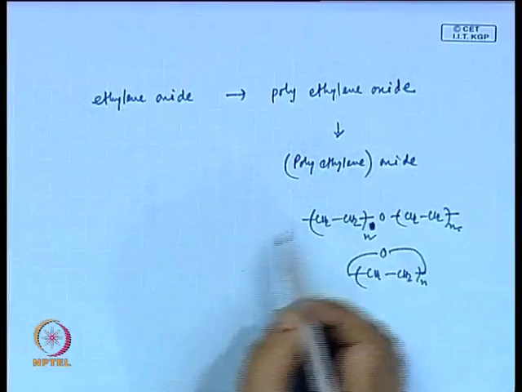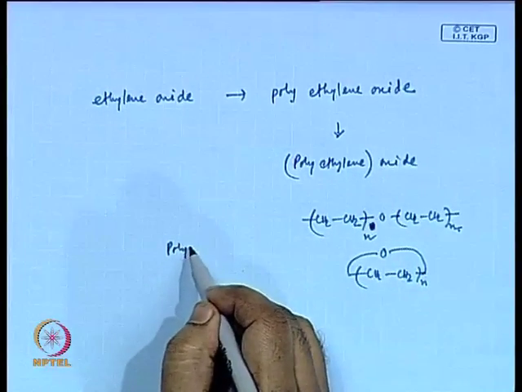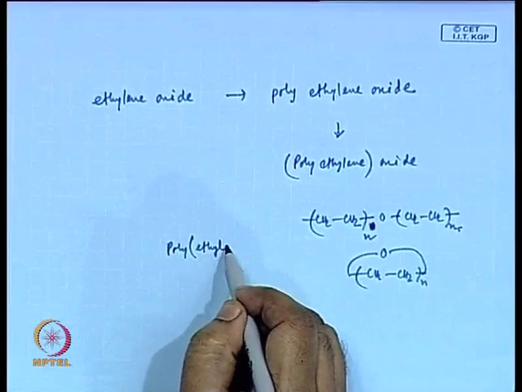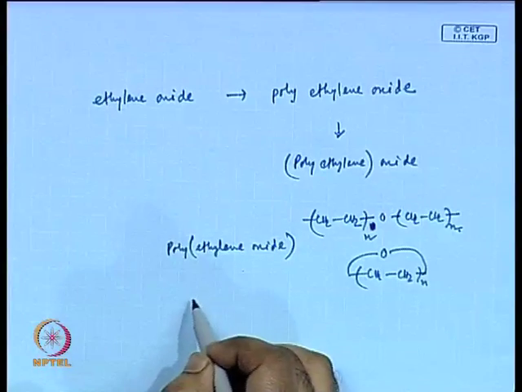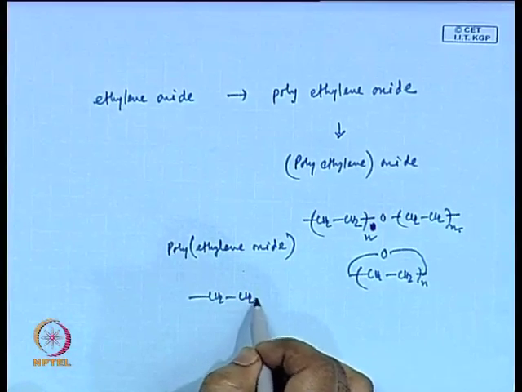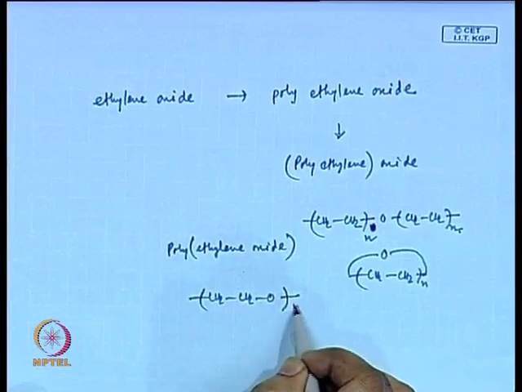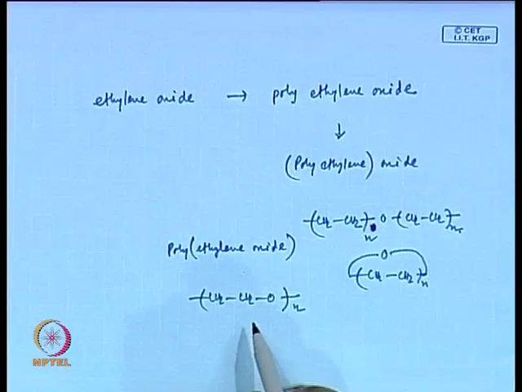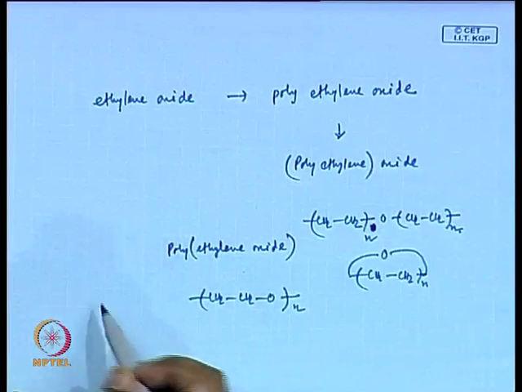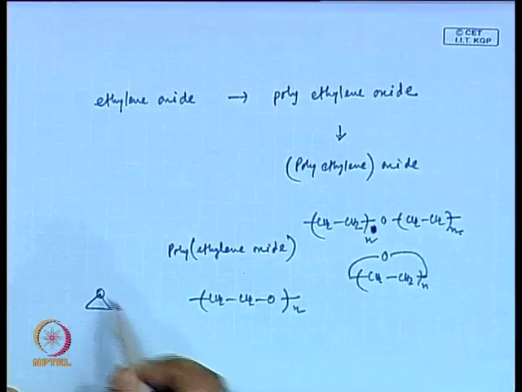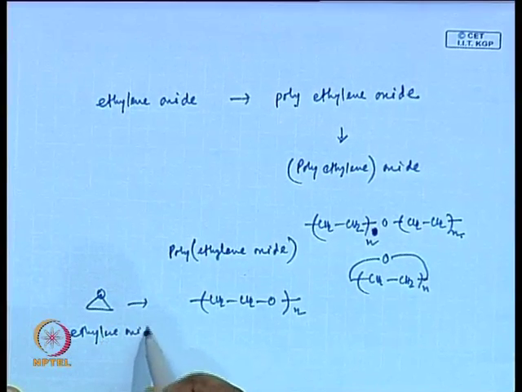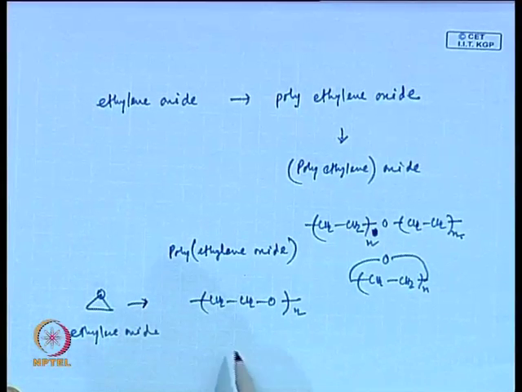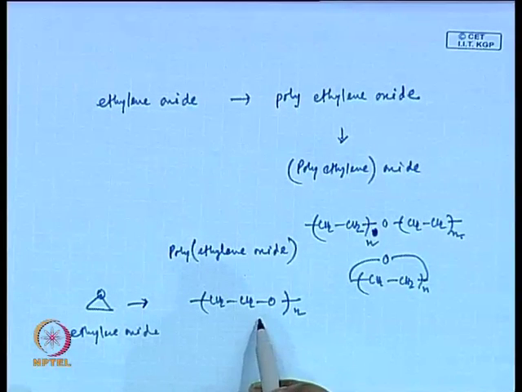But if I write the same molecule polyethylene oxide, then it will mean this, which is actually what it is. This is ethylene oxide and you get a polymer from this like this.